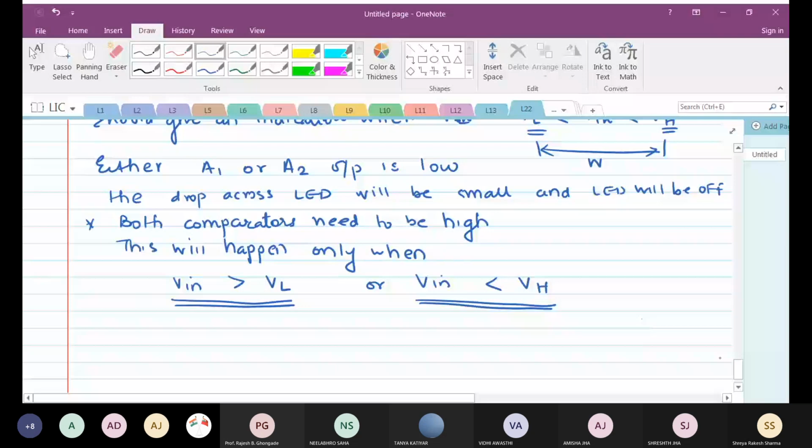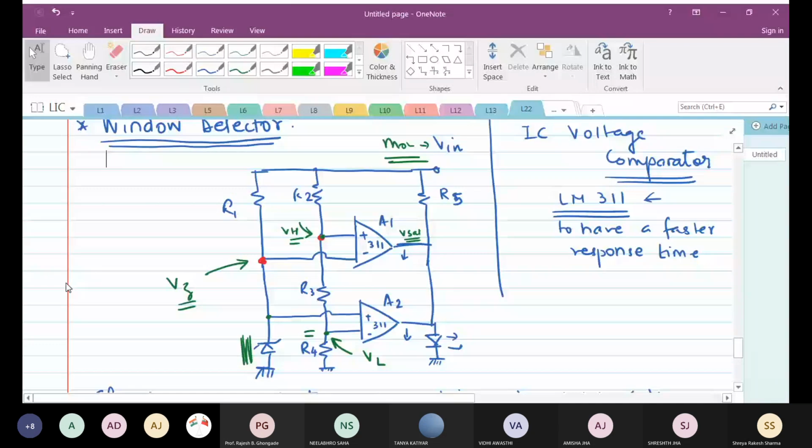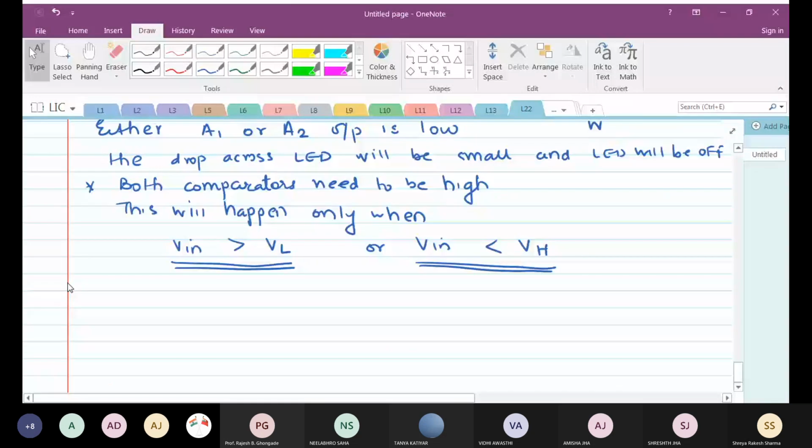Yes, sir. As far as unit number 3 is concerned, there is only one part which is remaining, and that is the sample and hold circuit. Which we will discuss later on, because there is something which has to be taught before sample and hold, which is called a peak detector.